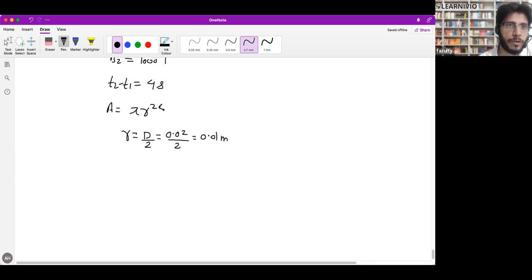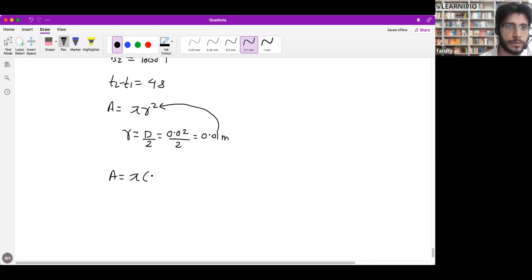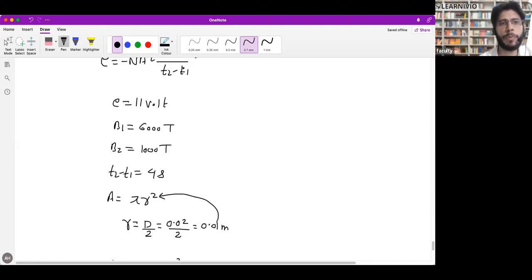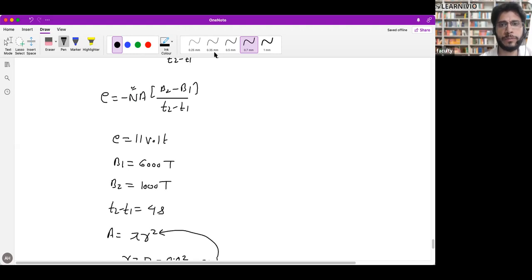So A is equal to pi times 0.01 square, which is pi 10 raised to the power minus 2 square. So your area is 10 raised to the power minus 4 pi meter square. So you have all parameters, you can get the value of n.